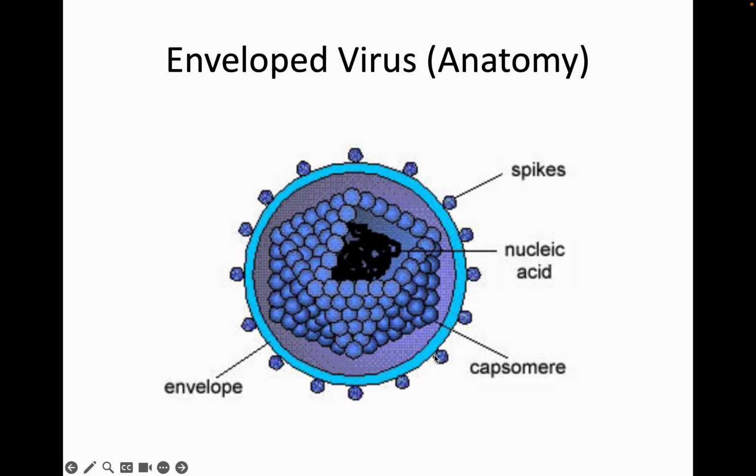An enveloped virus looks similar on the inside. Here's our capsid made up of capsomeres with nucleic acid in the center. But this enveloped virus has an envelope that surrounds it. And this envelope may even have spikes that help to recognize host cells.